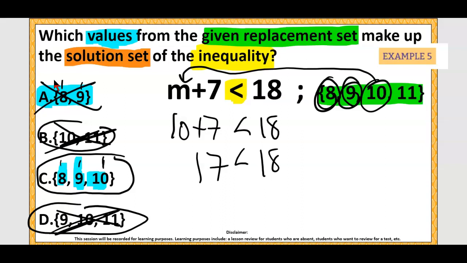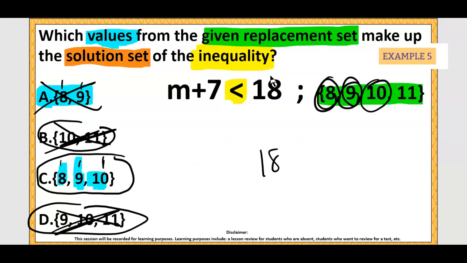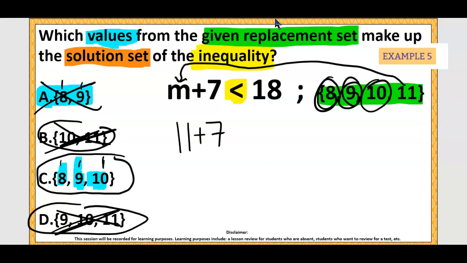So if you did try 11, would it work? Let's just see. I mean, you can tell already it's not going to work, but just for our edification, that's a fancy way of saying our learning, for our betterment, to be in a better place for future reference. What if we put 11 here? 11 plus 7, is that less than 18?